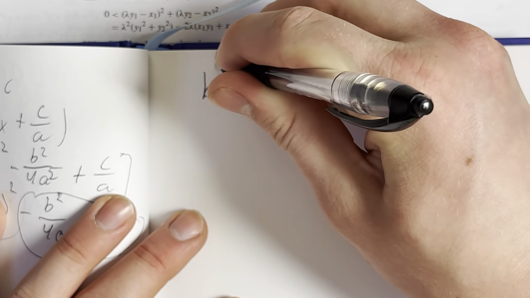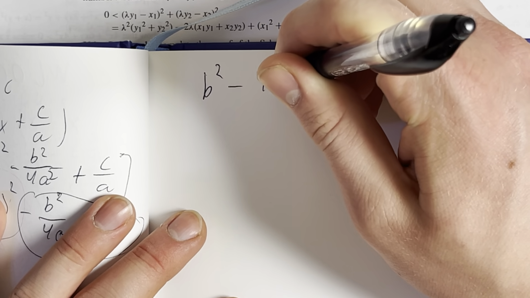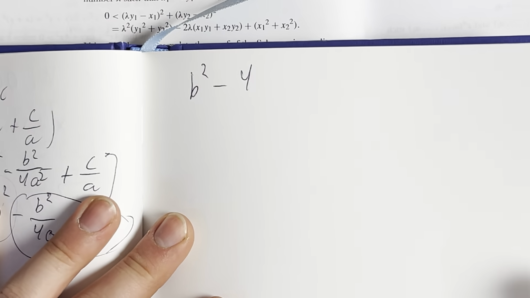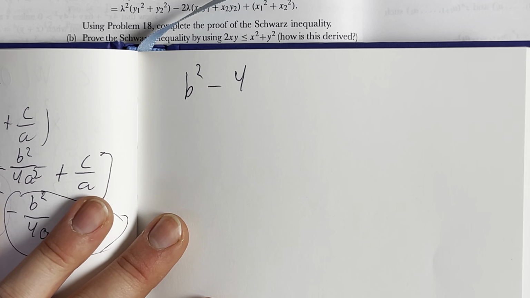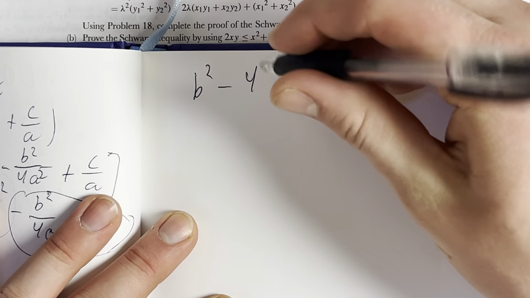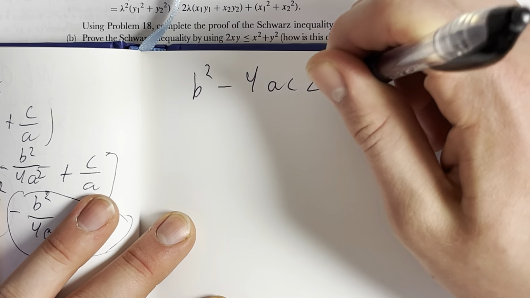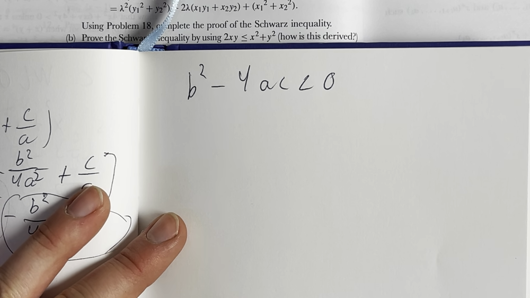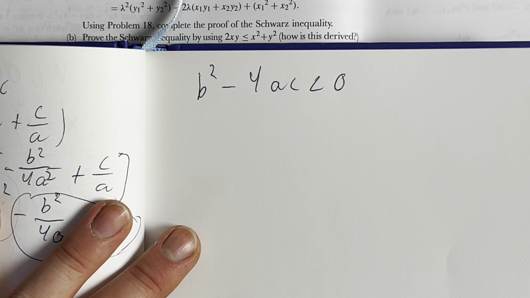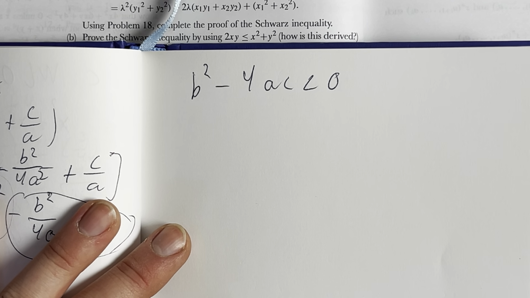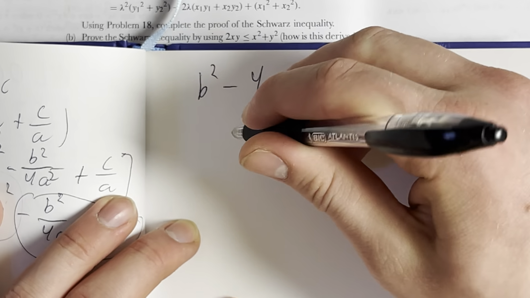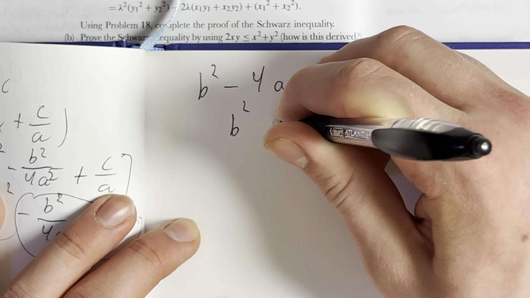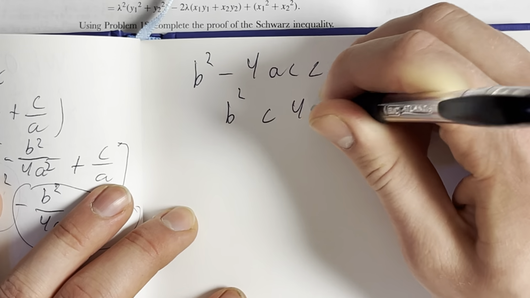Meaning that b squared is less than 4ac, of course.